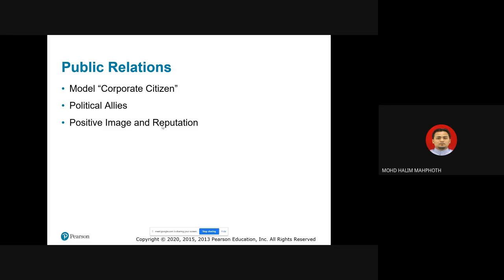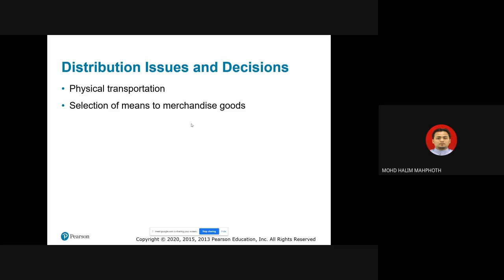So maybe you have to sponsor certain events, like the Olympics. We know that for the Olympics you have to sponsor what we call the official drinks, so there is an isotonic drink, and official sponsorship for the athletes, and so on. This can give a positive image to your company, even though you have to invest much in the event, and it will increase the reputation of your company.